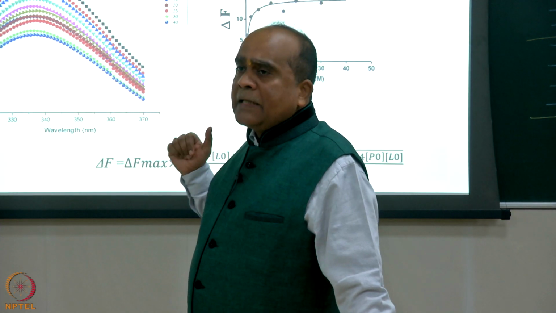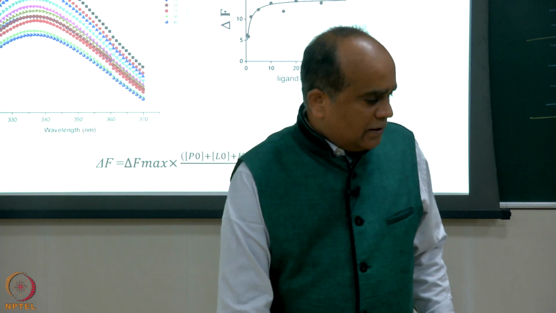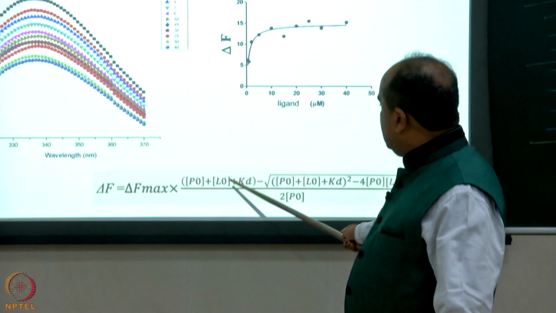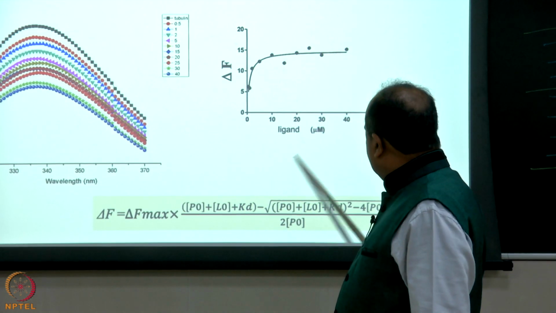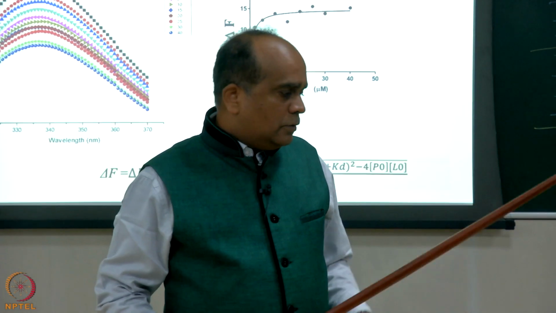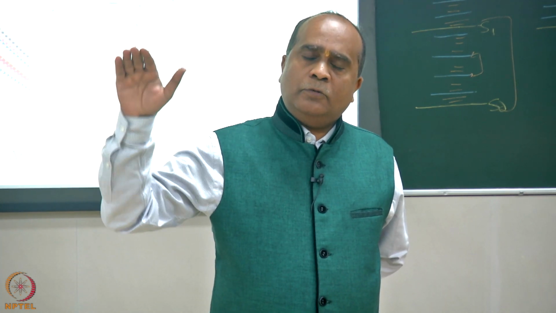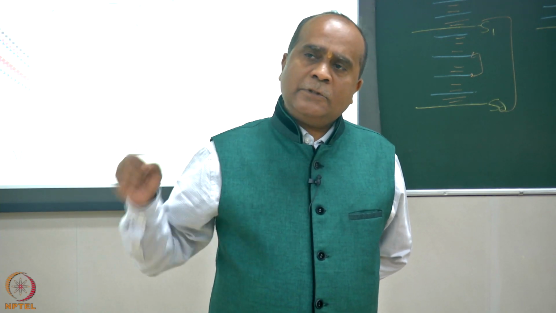So, here the delta F between the free form and bound form is changing. You can plot delta F versus ligand concentration, and you can fit the equation. Here is the protein concentration, ligand concentration, Kd. You can fit this equation to find the Kd, right. A good Kd means the value is lower, in micromolar to nanomolar, it is a good ligand that you have found. So, it is a quicker way to find out which is a binder, which is not a binder.